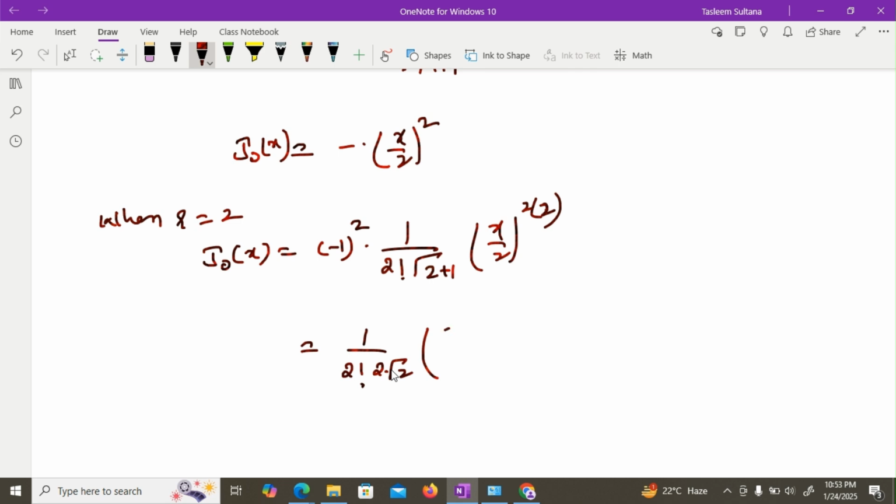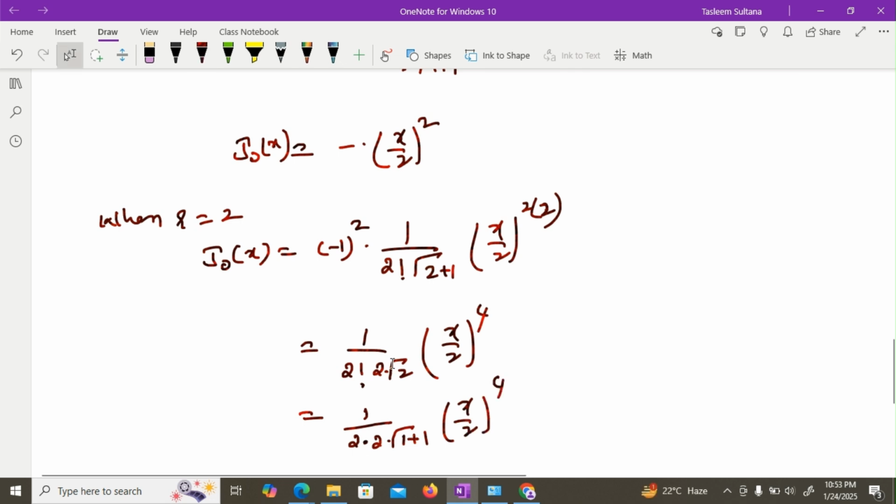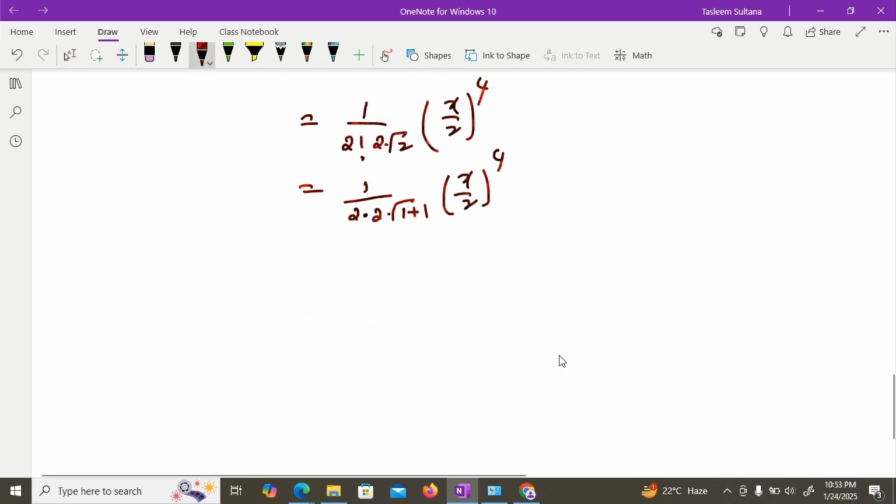In place of n, the value is equal to 2. So minus 1 to the power of 2 is equal to 1. So 2 factorial, 2 into gamma 2 of x by 2 whole to the power of 4. Where again the gamma 2 we can write as gamma 1 plus 1, 2 factorial is equal to 2, 2 into 2 gamma 1 plus 1. Again it is in the form of gamma n plus 1, x by 2 to the power of 4.